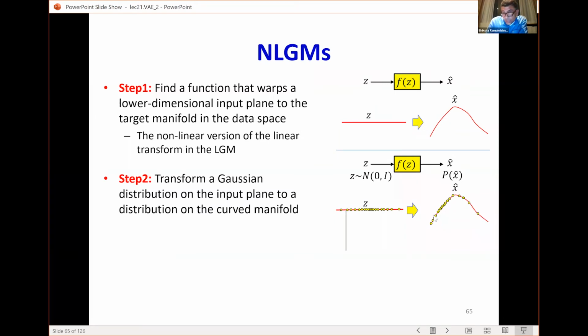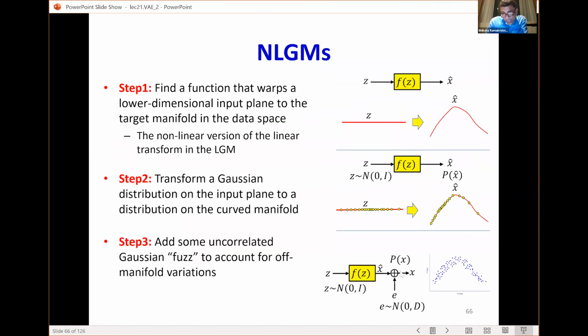The result may not even be Gaussian on this warped space. It's just that the distribution is now on a curved manifold. And the assumption is that the actual data are obtained by adding some fuzzy noise to this distribution. And this is actually a perfectly good model for the distribution of most real-life data.